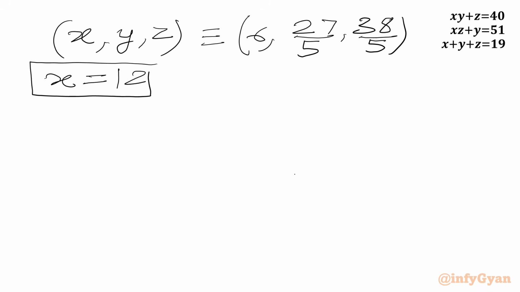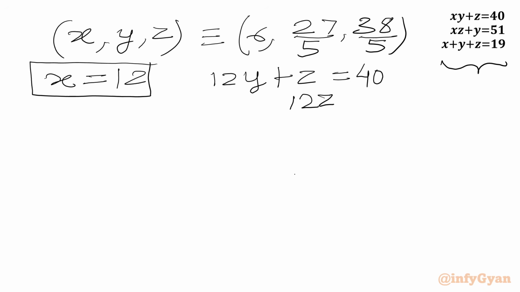Let's put to our system. So I will write 12y plus z equal to 40. Then we have 12z, which I am writing here, plus y equal to 51. Let's subtract second equation from first one.